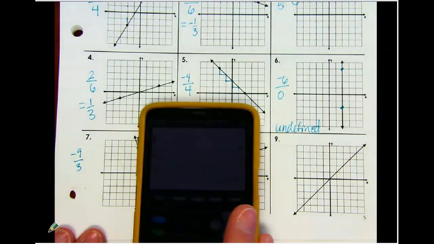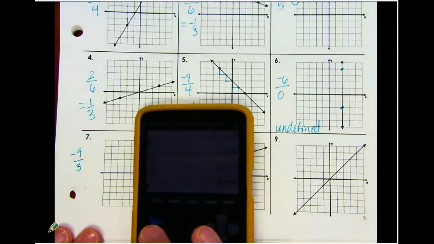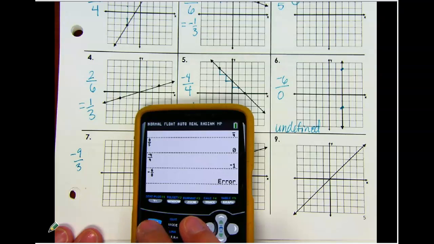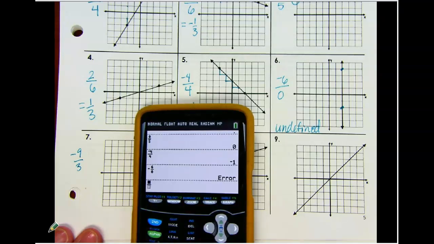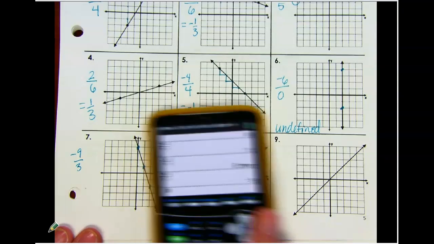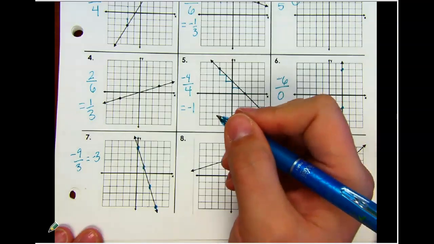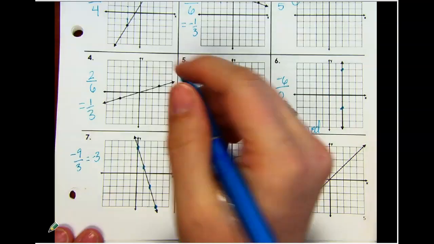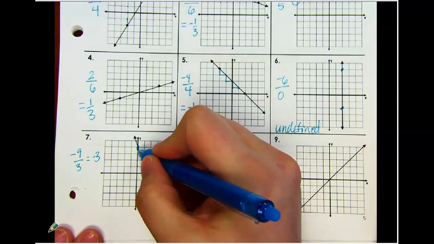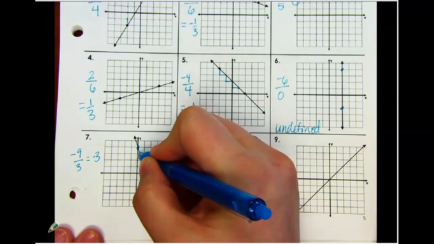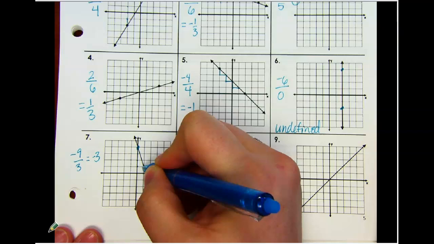So if I put that in my calculator, -9/3, I'm going to get -3. Because -9 divided by 3 is -3. So let's look at these other ones that we could have picked and see if they will give us the same thing. So this first one, I'm going to go down 1, 2, 3, and then over 1.